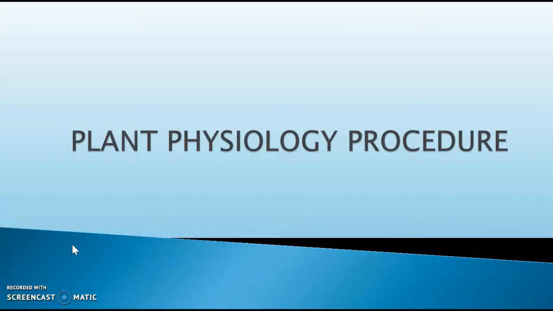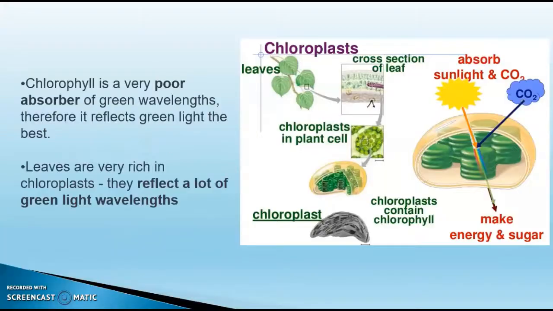using paper chromatography method. Paper chromatography is a laboratory method that is used to separate plant pigments from plants, based on differences of solubility of the plant pigments.